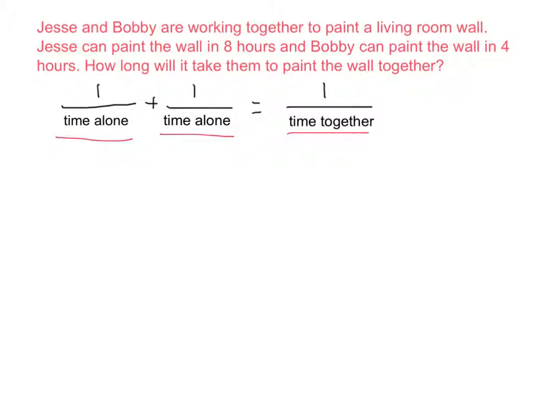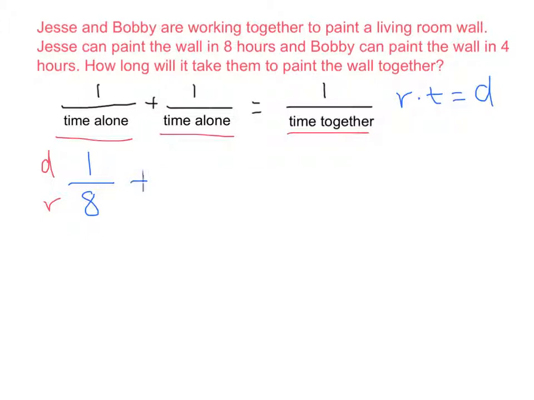Where this equation comes from is the rate times time equals distance formula. We'll set up the first fraction to represent how long it would take Jesse to paint the wall. 1 over 8. What 8 is, that's our rate. And 1 is technically our distance because that's how long it would take him to cover the whole wall with paint.